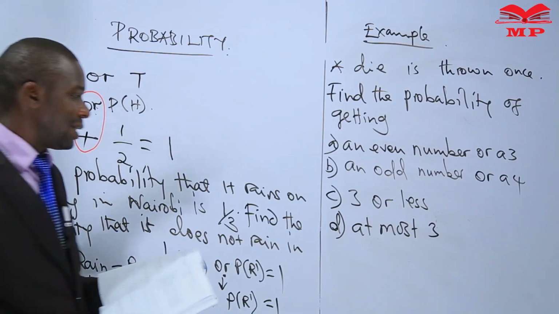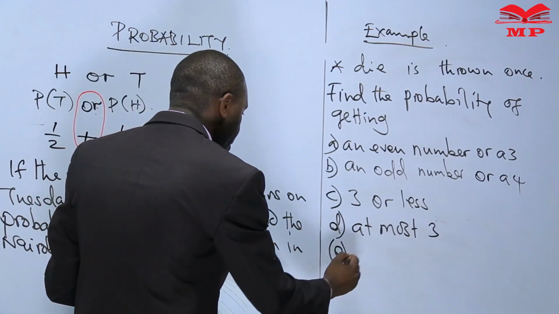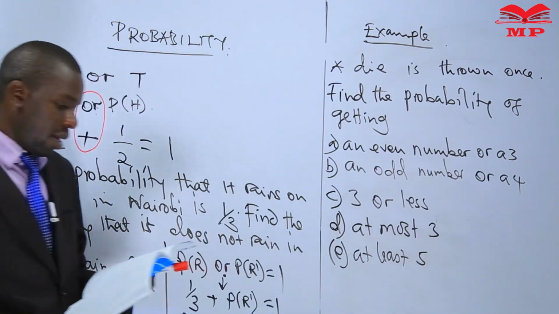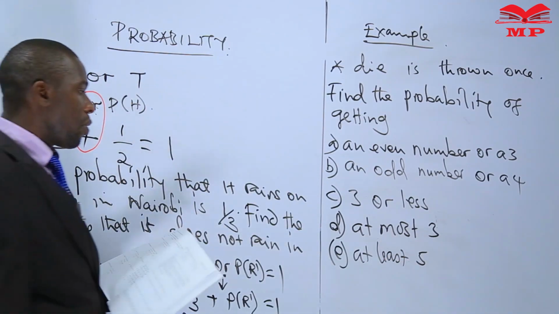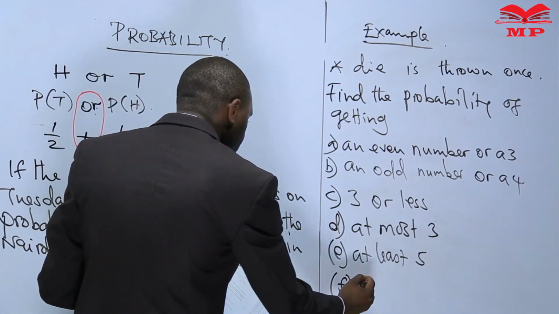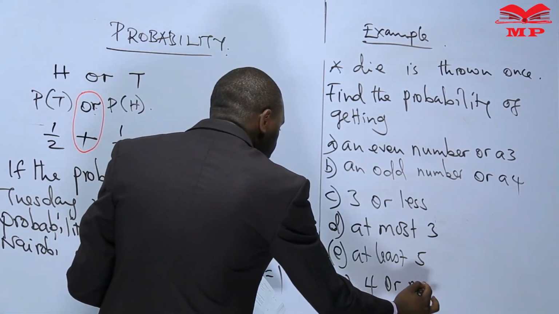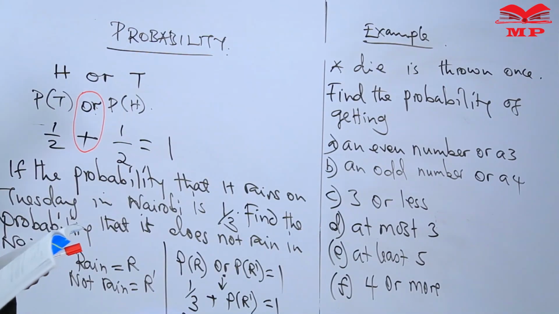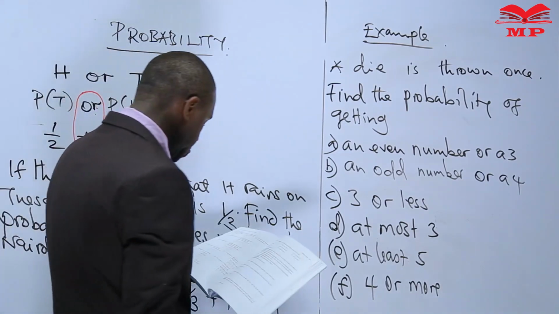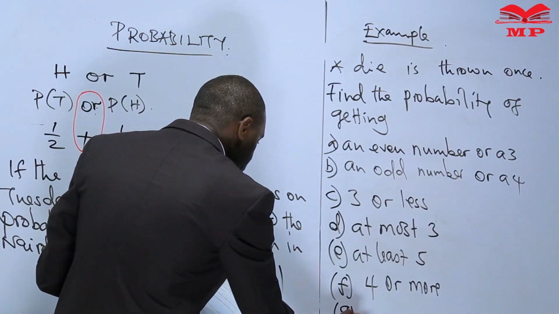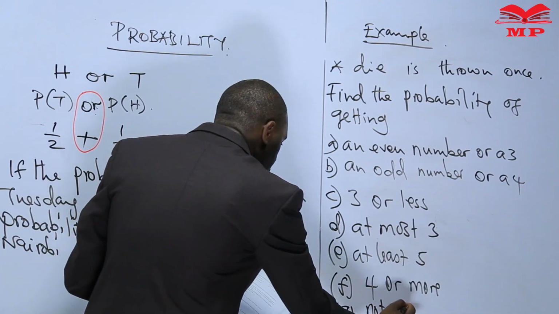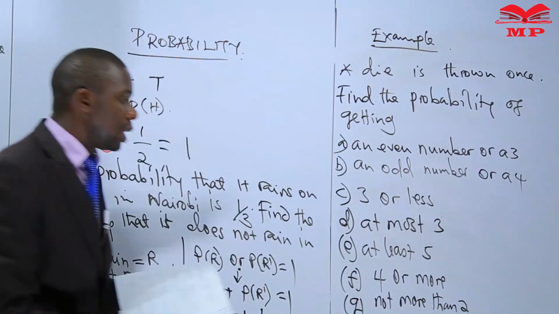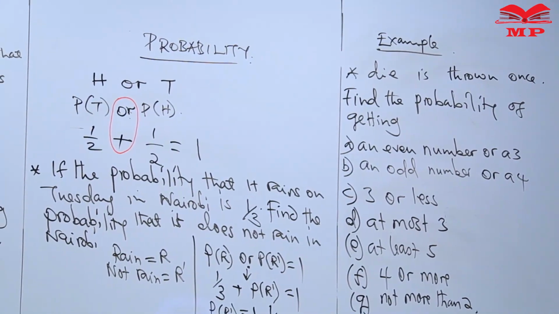E, at least 5. F, 4 or more. G, not more than 2. So that is the work we have to deal with.